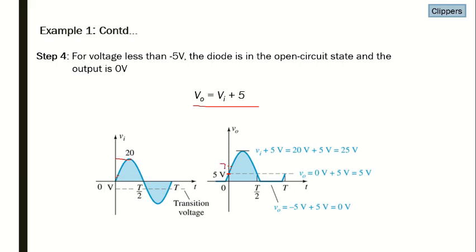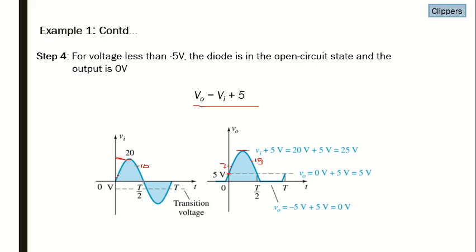This is 7. So when Vi is equal to 20 volts, the output will be 20 plus 5, which is 25. This is the peak. When the input is 0, we are getting 5 volts. When the input is 20, we are getting 25. When it is decreasing, let Vi be 10 here, we are getting somewhere around 15.